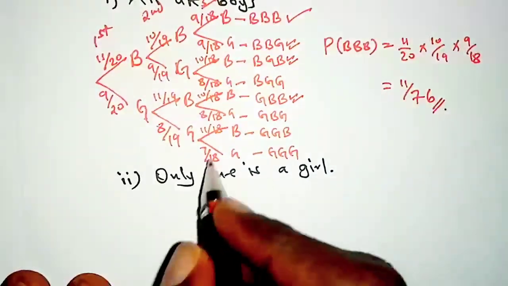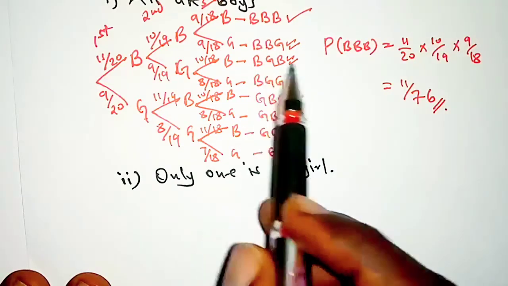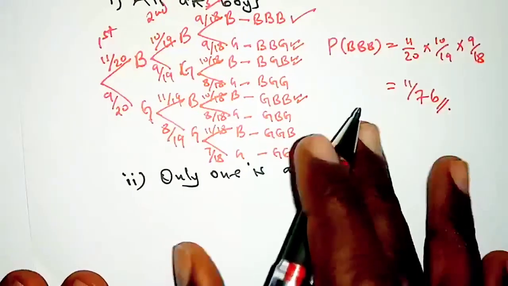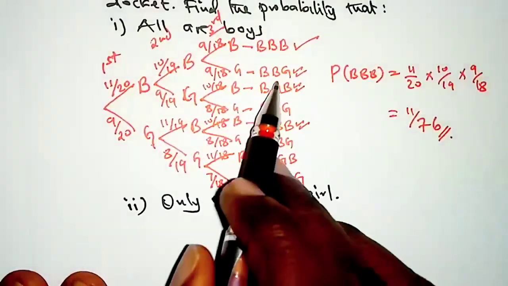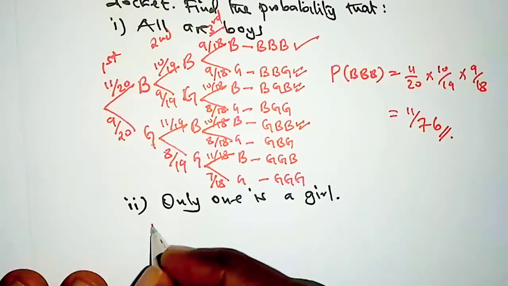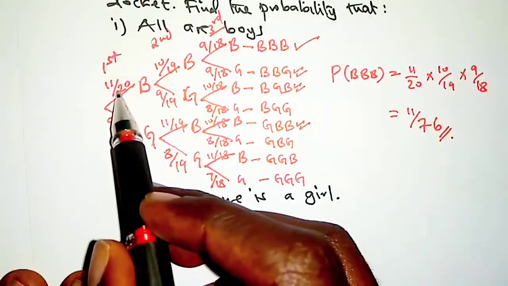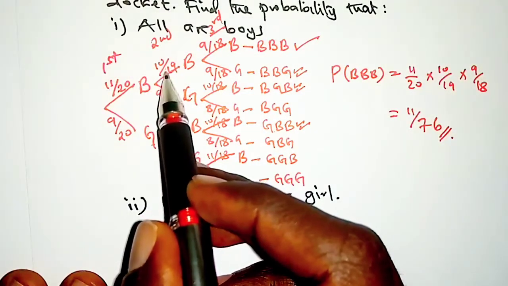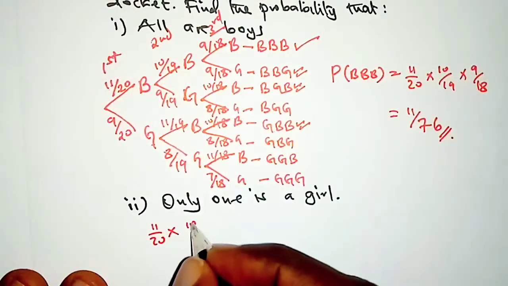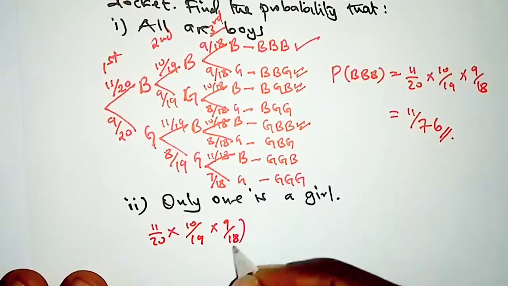So we'll have the probability of this or this or this, and that we'll obtain by following the respective paths. So for this part here, we'll have 11 over 20 times 10 over 19 times 9 over 18.